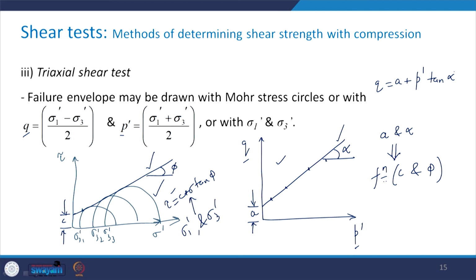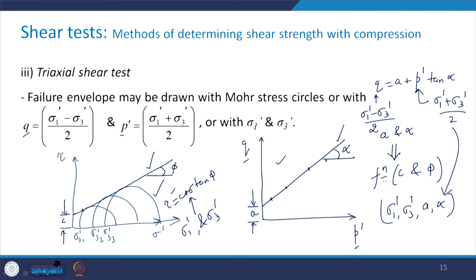So substitute this Q as sigma 1 prime minus sigma 3 prime upon 2, and this P prime as sigma 1 prime plus sigma 3 prime by 2. You will get an expression in sigma 1 prime, sigma 3 prime, A and alpha from this, and here you will get an expression in sigma 1 prime, sigma 3 prime, C and phi.